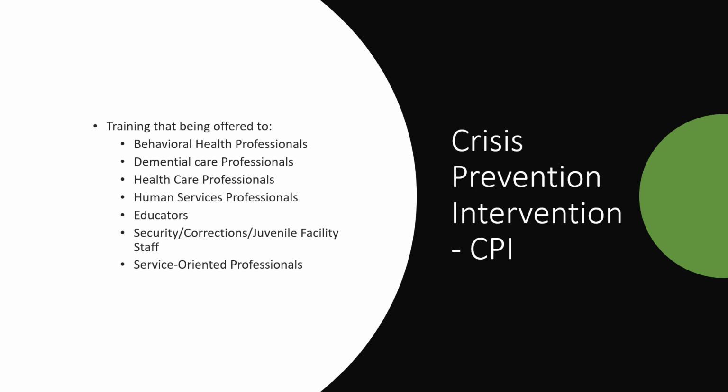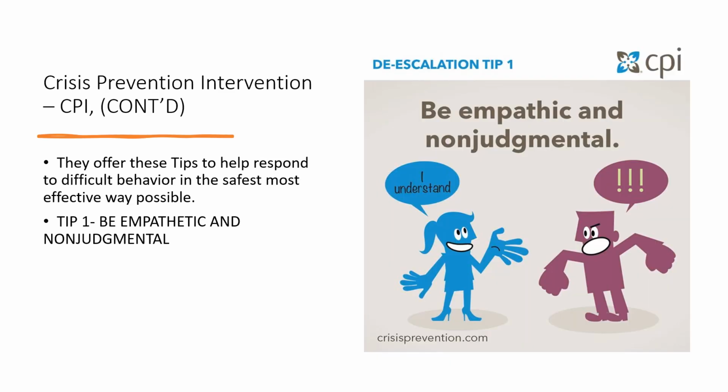Crisis prevention interventions like CPI have been used to train professionals on how to de-escalate patients. Some of the tips that they have include being empathetic and non-judgmental. These help you really respond to difficult behavior in the safest possible way.